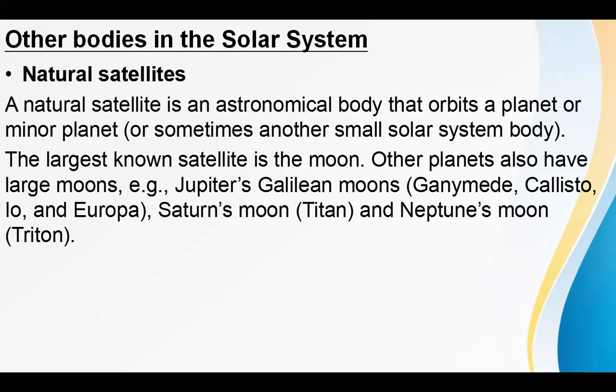The Earth's is the one we know as the moon, and the other planets also have large moons. For example, Jupiter's Galilean moons, Saturn's moon known as Titan, and Neptune's moon known as Triton. So these are just a few examples of moons.